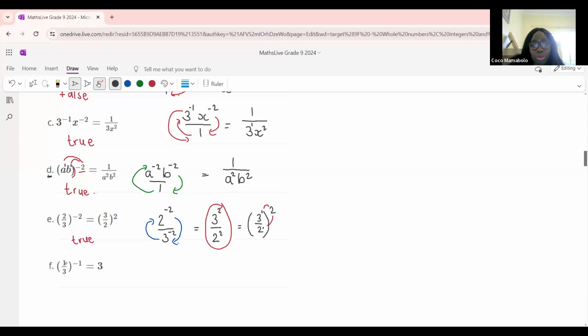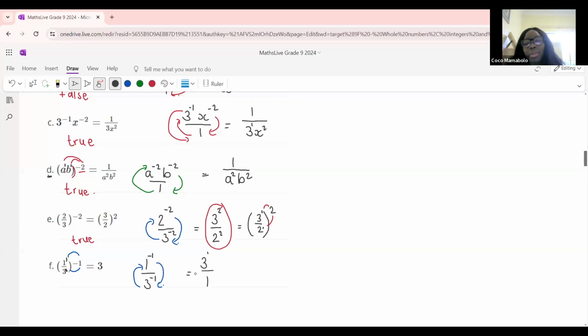Again, we're going to distribute. We know that 1 always has an exponent of 1. 3 has an exponent of 1. So we're going to distribute. I'm going to get 1 to the power of -1 over 3 to the power of -1. And now that they both have negative exponents, I can just flip them. Right? So on the top, I'm going to end up with 3 to the power of +1 over 1 to the power of +1.